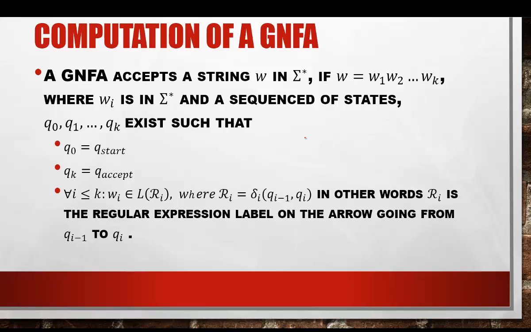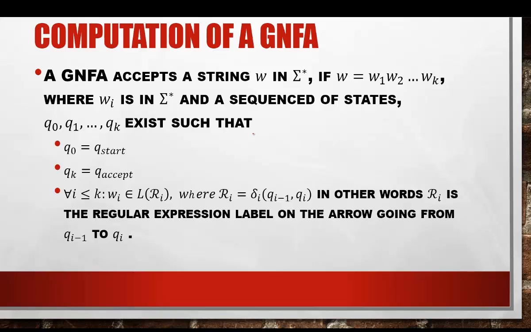We say that a GNFA accepts a string w over sigma star, or over all the strings that are possibly generated from the alphabet sigma, if there is a sequence of substrings w sub 1, w sub 2, w sub k, again over sigma star, and a sequence of states, q sub 0, q sub 1, all the way to q sub k, such that q sub 0 is q start, q sub k is q accept, and then for every i, from 1 to k, if w sub i belongs to the language of R sub i, such that R sub i is the delta of q sub i minus 1 and q sub i.